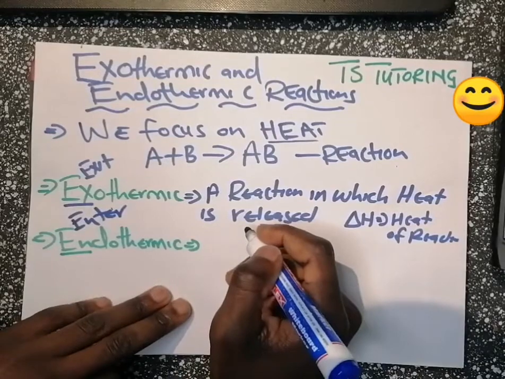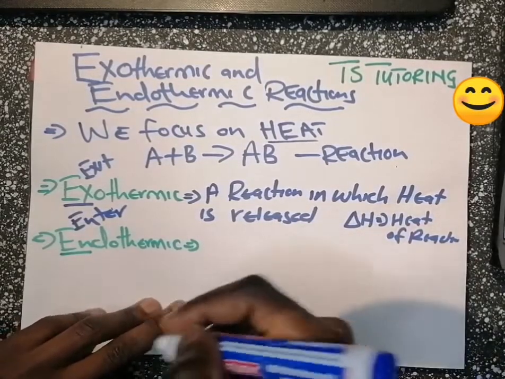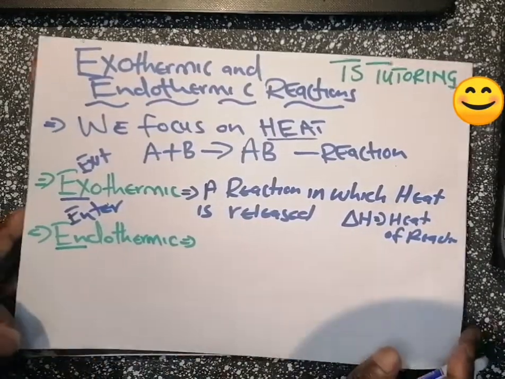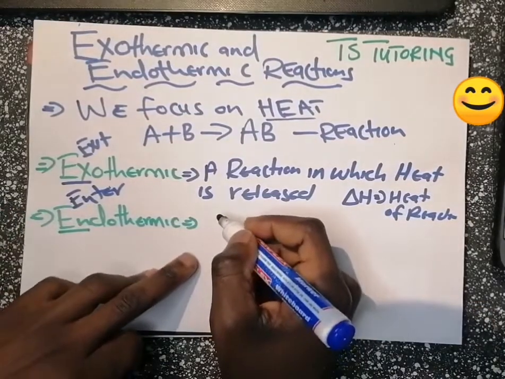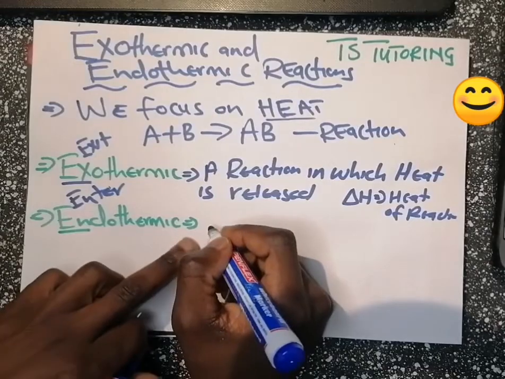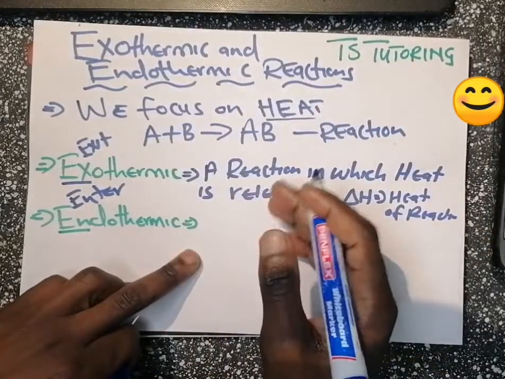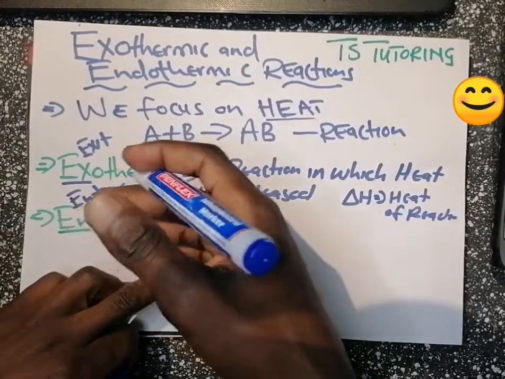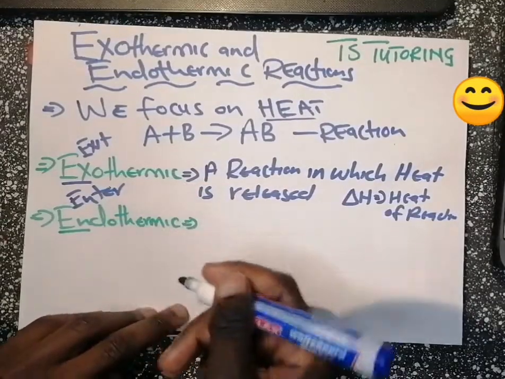This is a type of reaction in which heat is used. This reaction actually uses heat. So heat enters the system. The surroundings give heat to the system, which is the reaction.